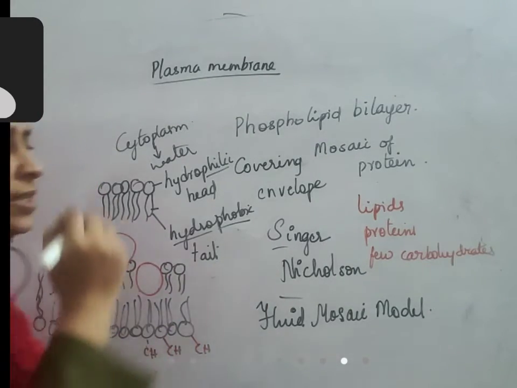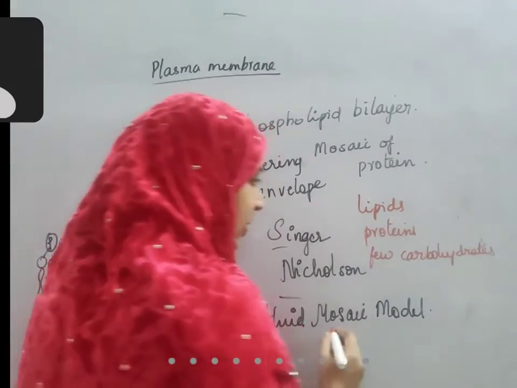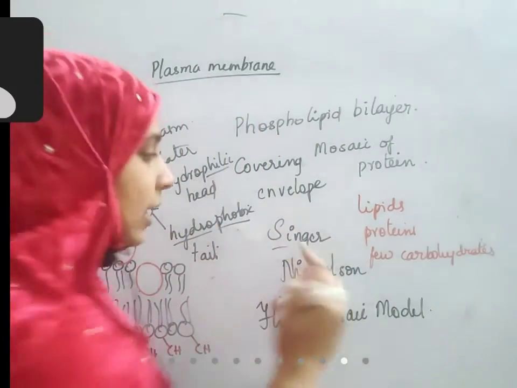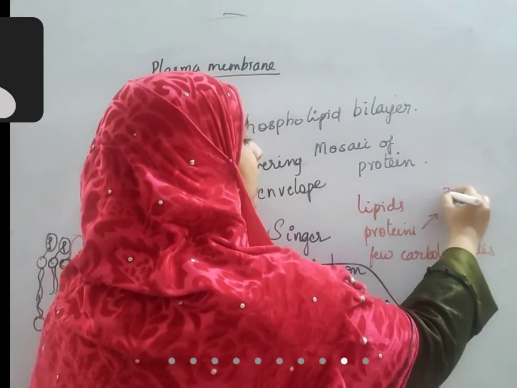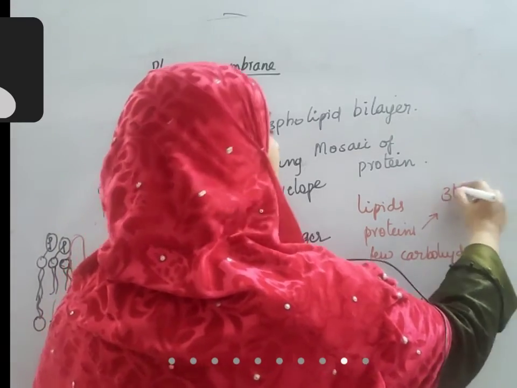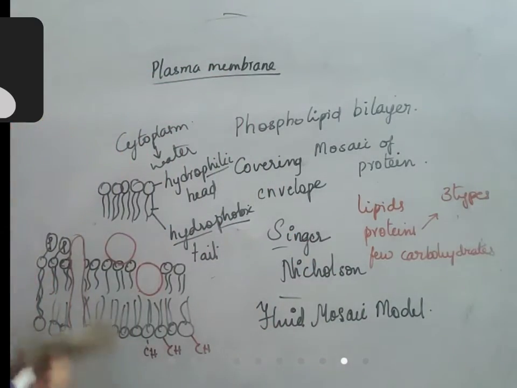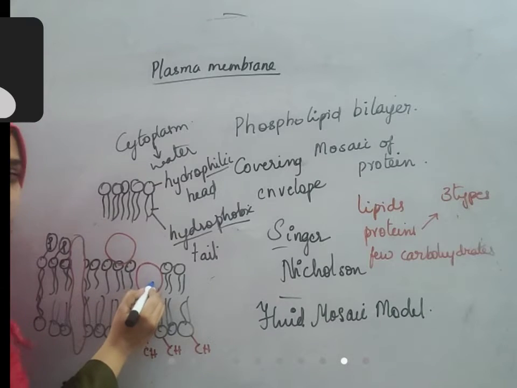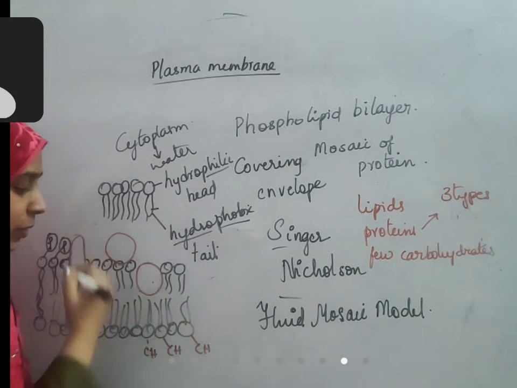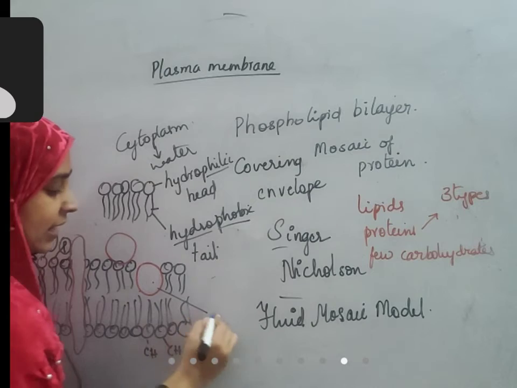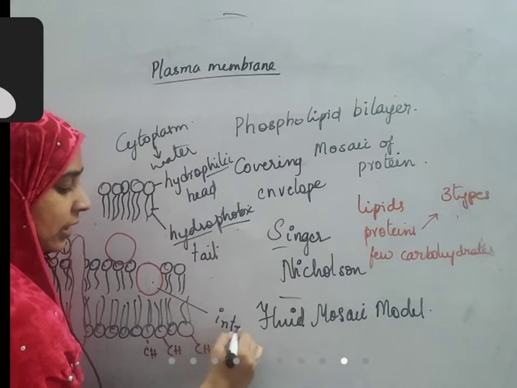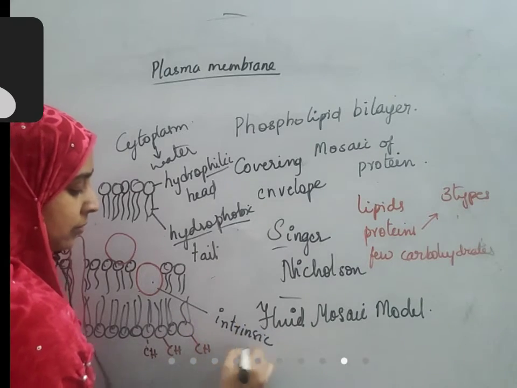The proteins that are present inside this fluid mosaic model are of three types. What are those three types? First, this type of protein which is present inside the lipid bilayer is called intrinsic protein.